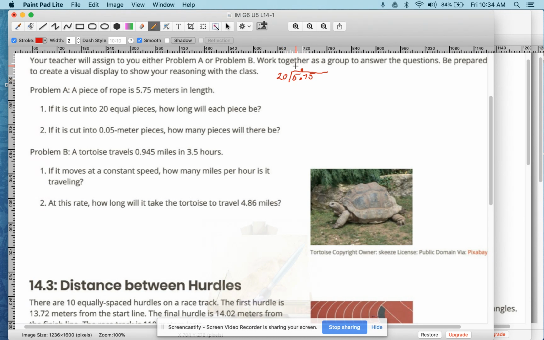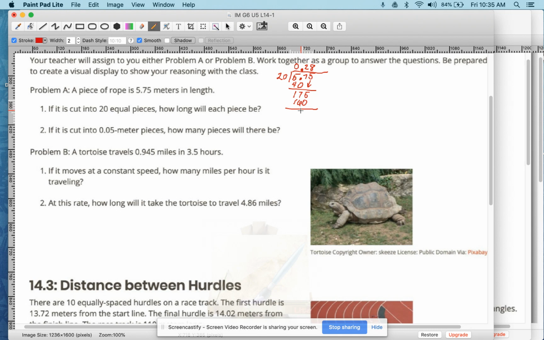So 20 goes into 5, obviously 0 times, but 20 into 57 will go 2 times. 2 times 20 is 40. So I'm going to subtract. I get 17, and I bring down my 5. 20 into 175 goes 8 times. 8 times 20 is 160.